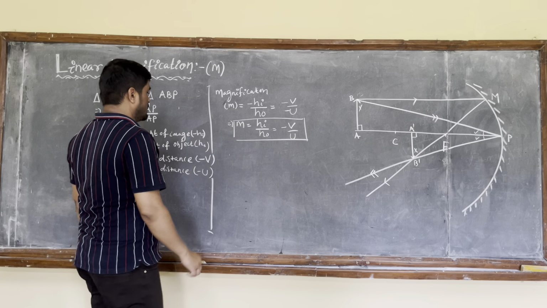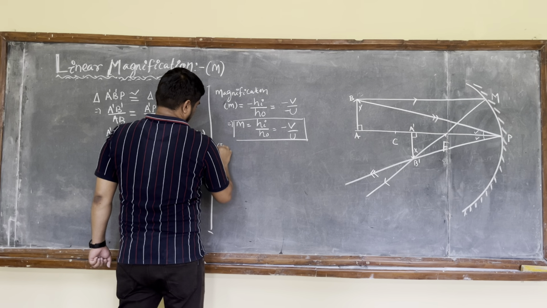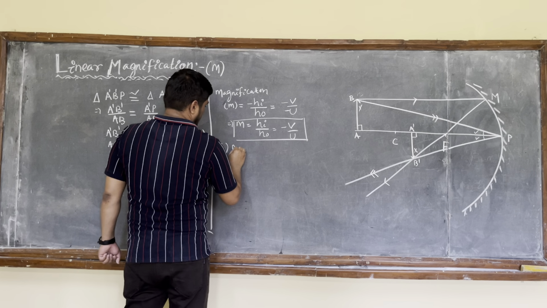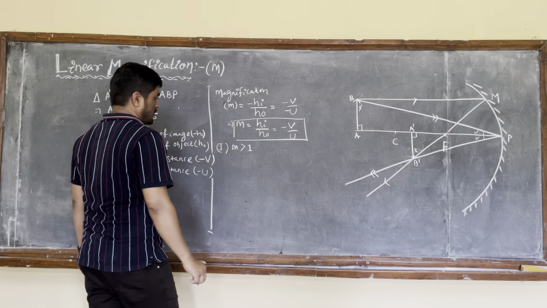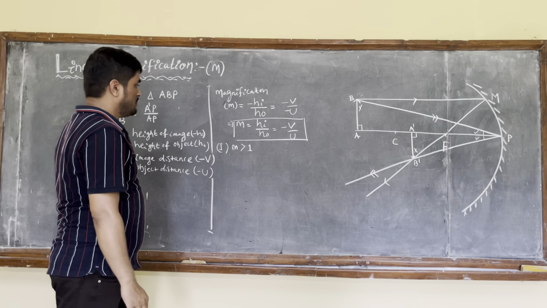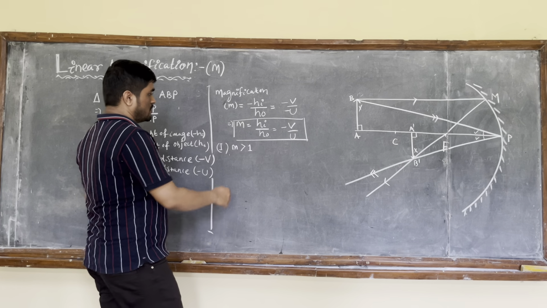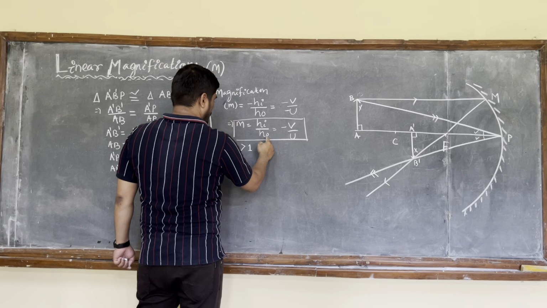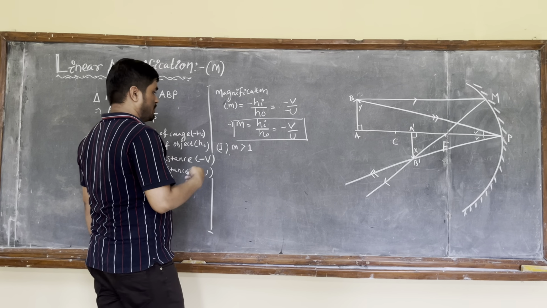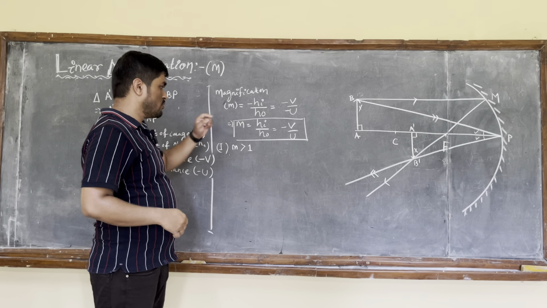and there are 4 to 5 cases. Case 1, M is more than 1. The value of M will be more than 1. That means the ratio of height of image to the height of object is more than 1, means the value of HI will be more than HO.